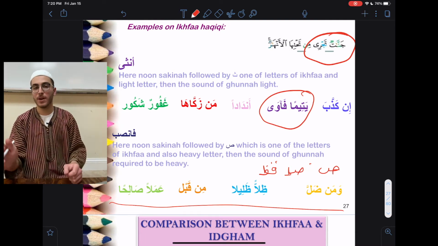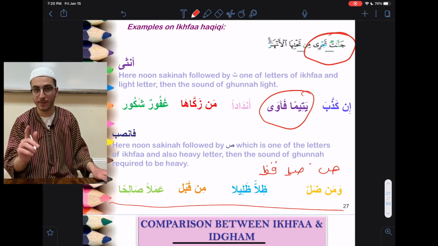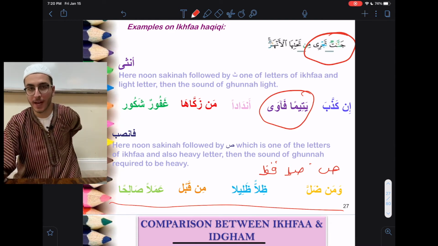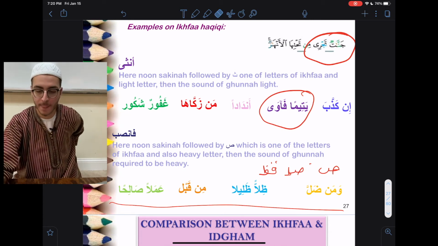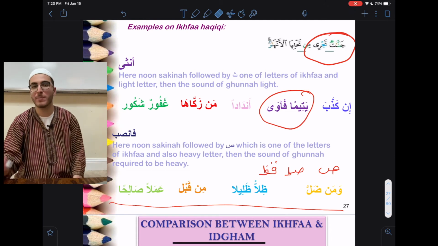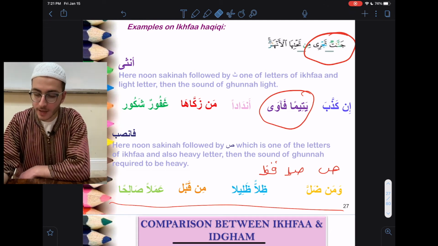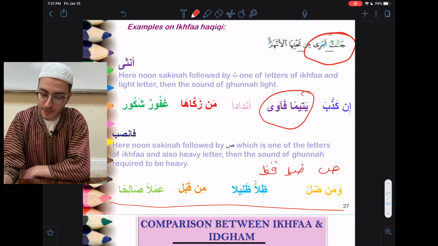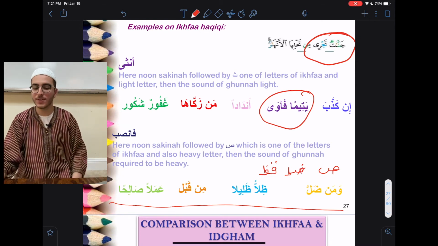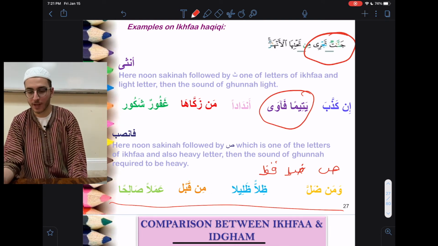Okay, so the 7 heavy letters were khussa daghtun qidh, but kha and ghain are letters of the throat, so we don't make ikhfa, because remember we make idhar on that. So an'amta, right? Khussa daghtun qidh. Oh, that's supposed to be an ayn. Sorry. Khussa daghtun qidh.